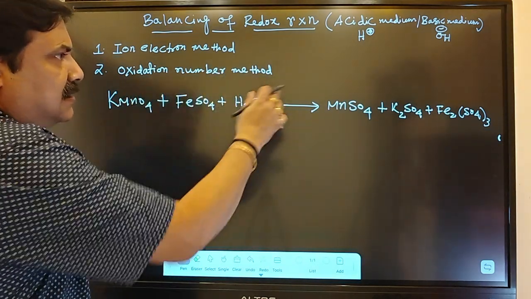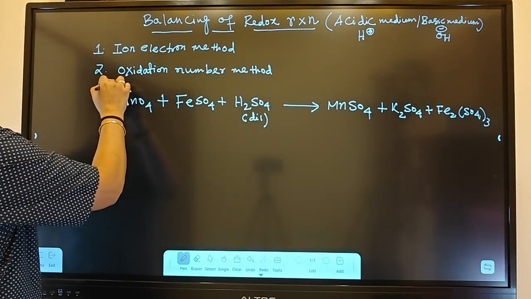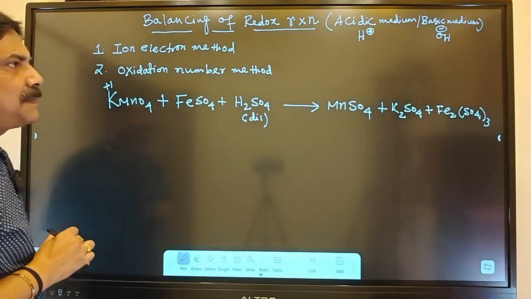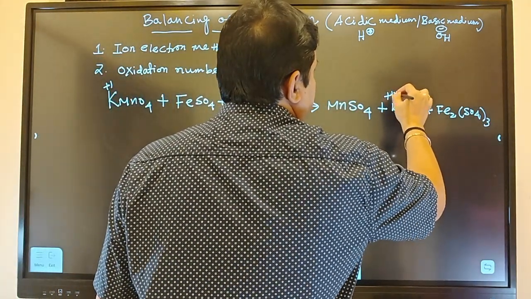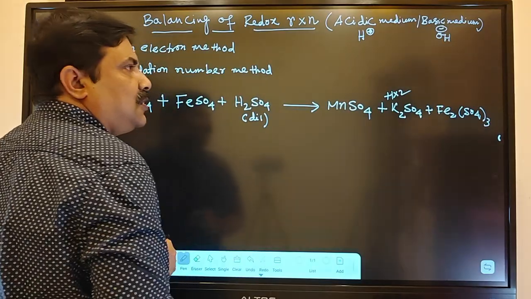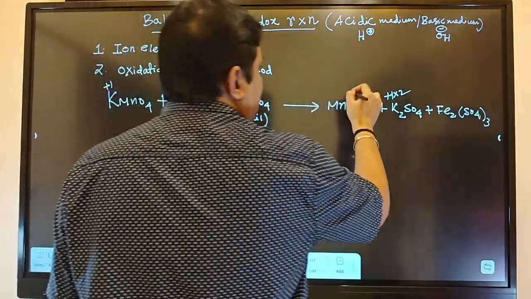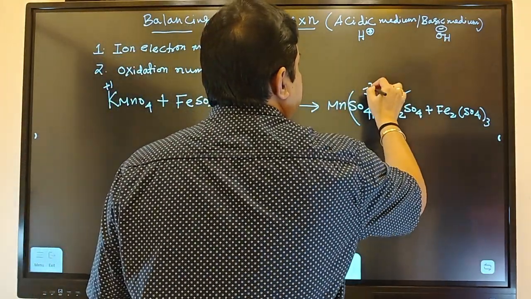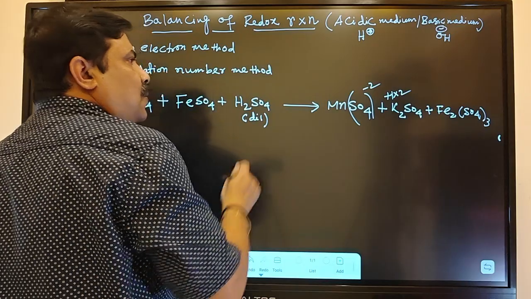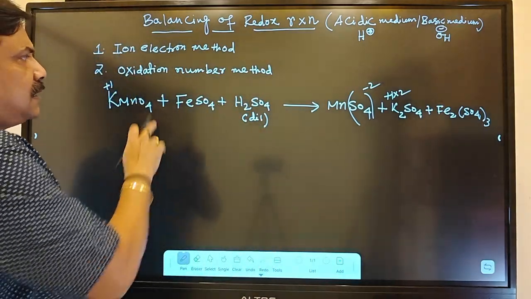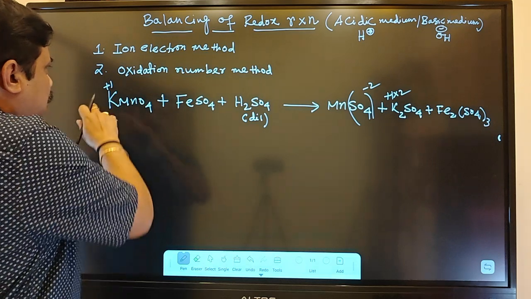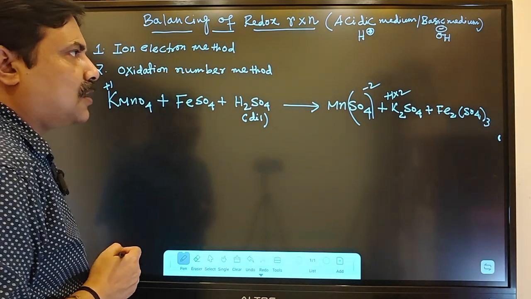On the reactant side and product side, if you look at potassium, the oxidation state is +1 over here. Here also each potassium oxidation state is +1, into 2, and the sulfate overall charge is -2. So the sulfate and potassium are not going to change their oxidation state.